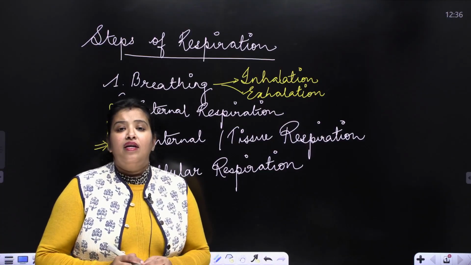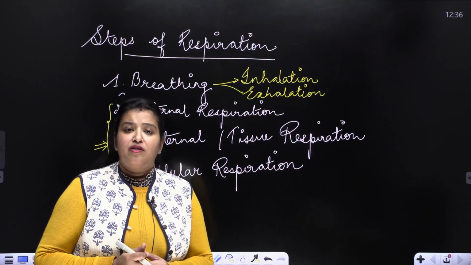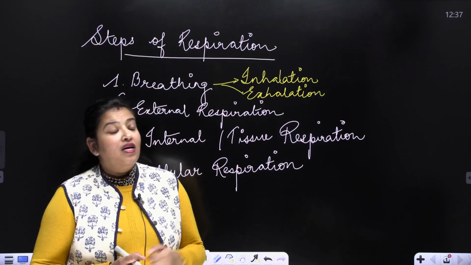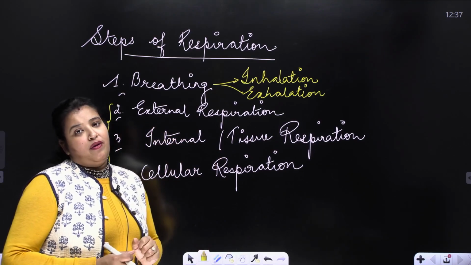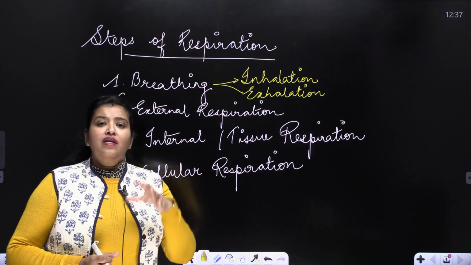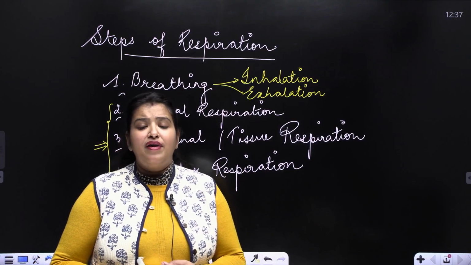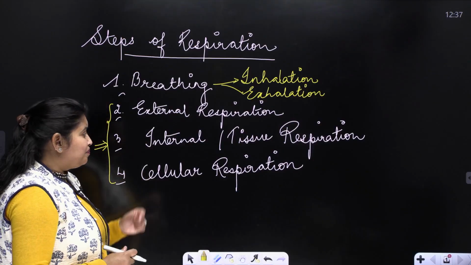When you breathe in, the air goes into the respiratory tract and ultimately to the lungs, where the gaseous exchange has to take place. That part is included in external respiration, when the gaseous exchange takes place between the alveolar air and blood. We'll look at it in detail along with the diagram.